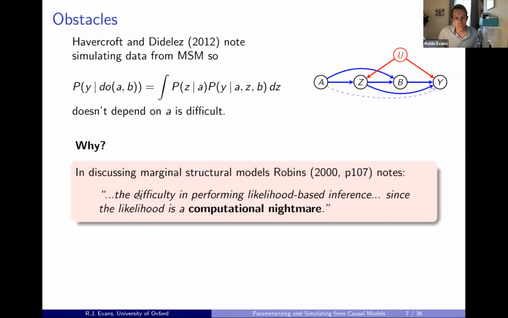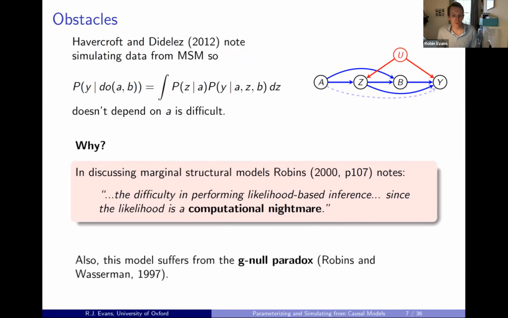So in discussing marginal structural models, Robbins himself notes there's a great difficulty in performing likelihood-based inference because the likelihood for these kinds of models is what he calls a computational nightmare. So in other words, if you try and write down a likelihood which contains some particular nice parametric model for this piece of the distribution, this functional, then what you're left with is a bit of a mess.